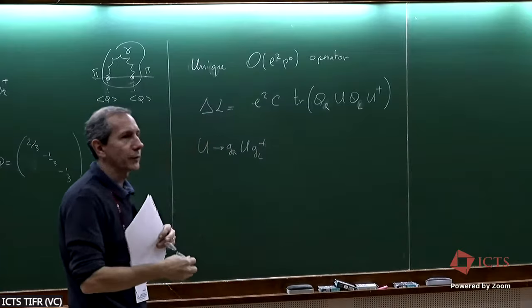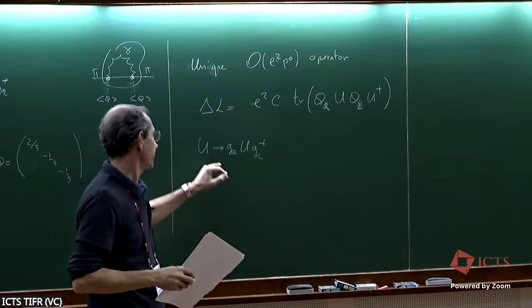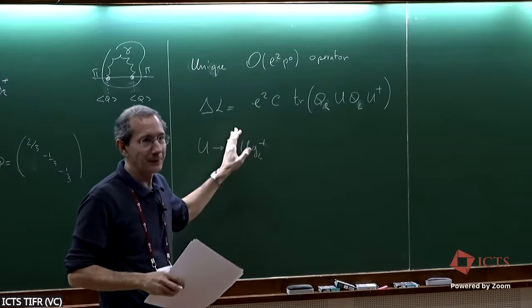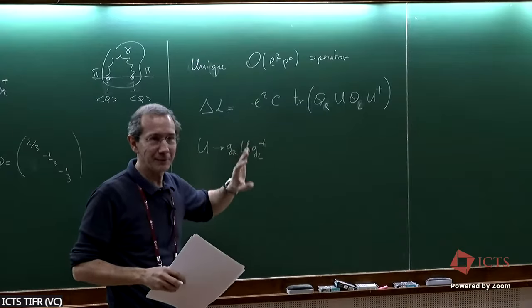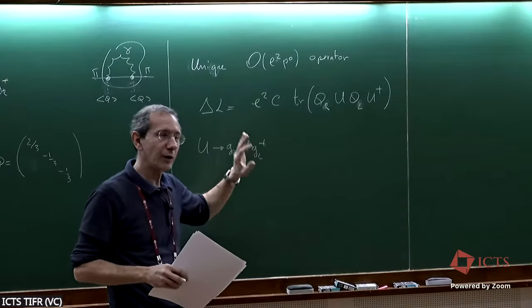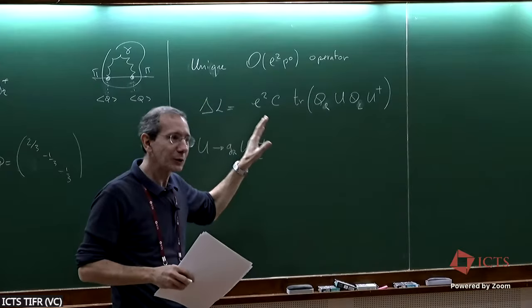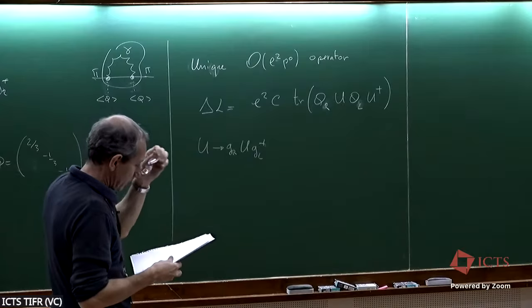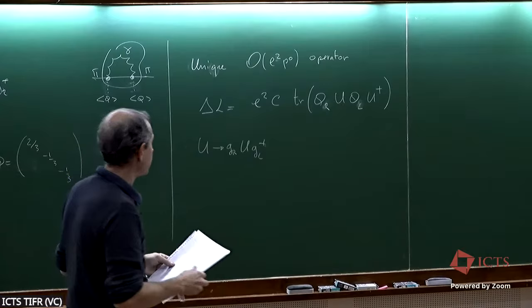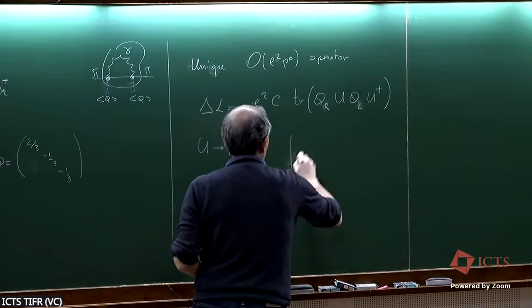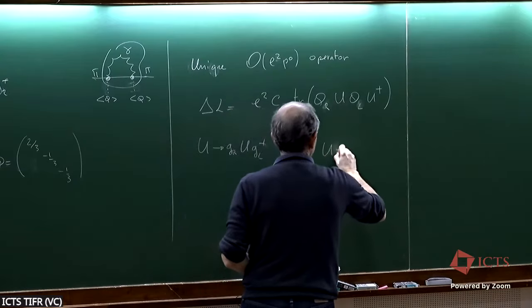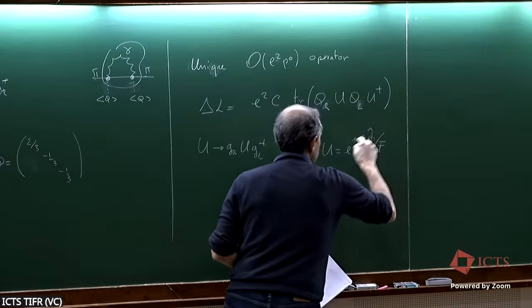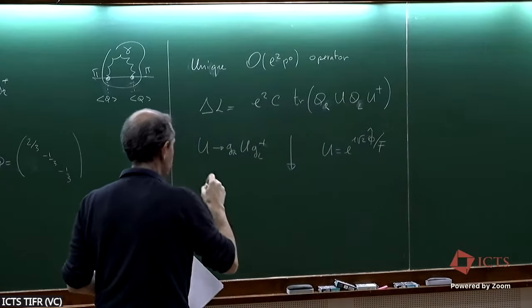Actually, in the literature you find all the possible options. Some people define U transforming like this, others define U transforming like G_L. There is a bit of a mess, like f_pi divided by the square root of 2 or not. I should try to be consistent, but in the end the rules are very simple. One expands U, remember, U equals exp of the pion field over f. Then you get a correction to the pion mass.